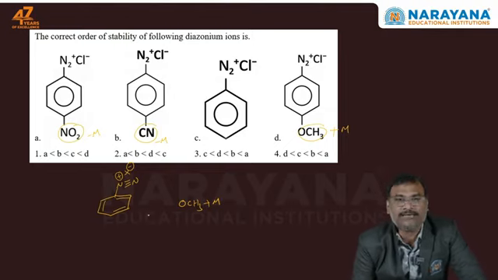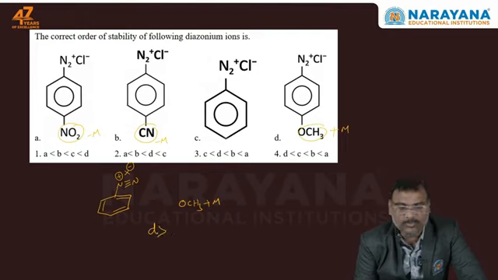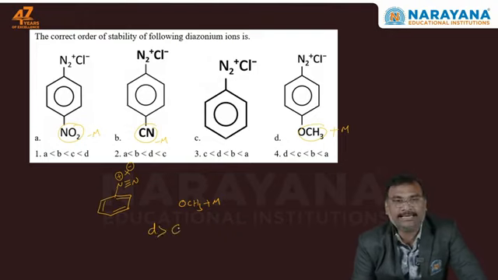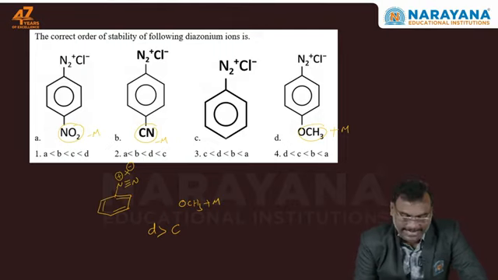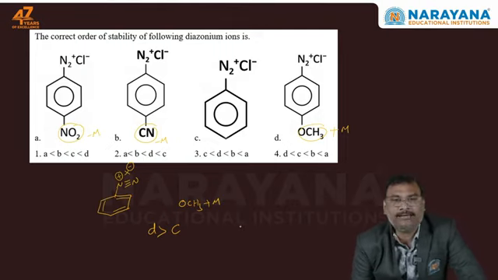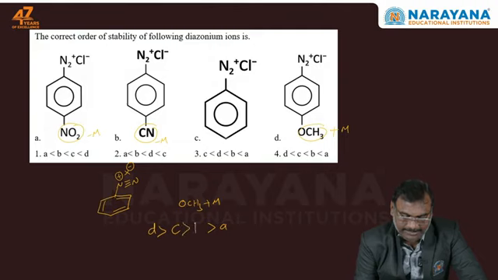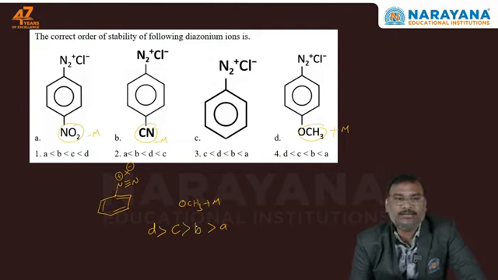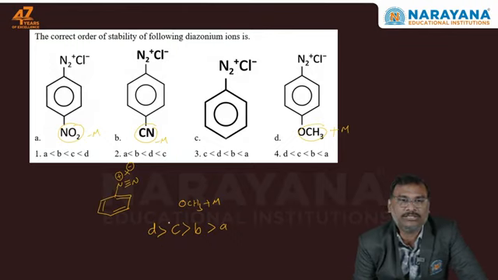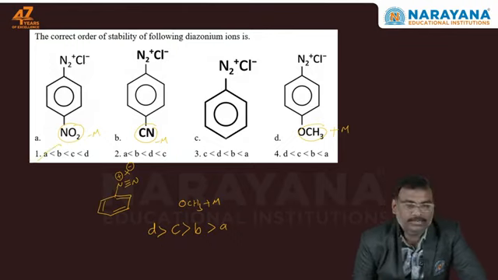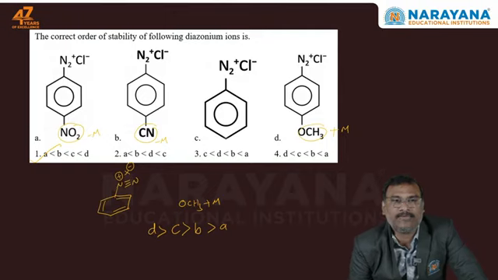So according to the given options, D is the most stable, and next C, which doesn't have any withdrawing group. And next, among B and A, the more minus M affecting group is A. That's why the least stable one is A, and B is the cyanide. So D, C, B, A is the correct answer for the given question. Therefore, the correct answer is 1.